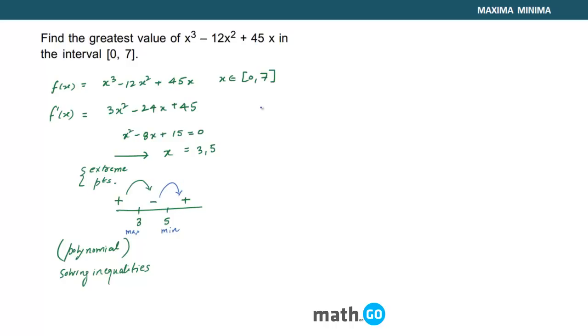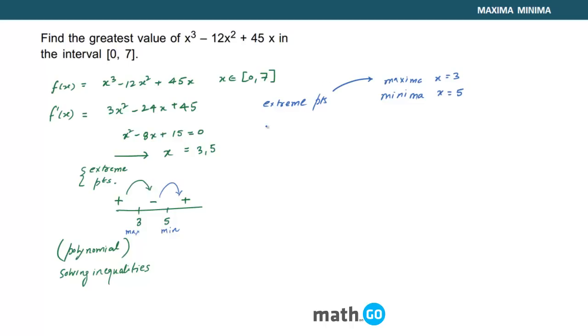Okay, so now you have extreme points, and in fact we have also found out which is the maxima. We know that the maxima is x equal to 3, and the minima is x equal to 5. Now we were asked for the greatest value, and greatest means the global maxima.